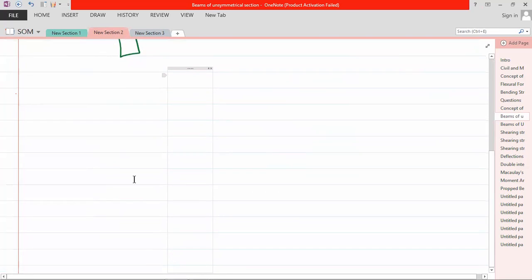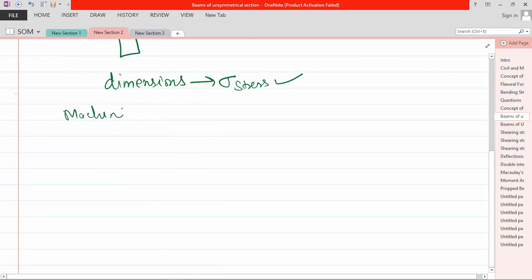So let me give you a hint. The difference between what we study in SOM and machine design: in SOM we are given dimensions and we find the stresses. But in machine design, we are given stresses and we need to find the dimensions.